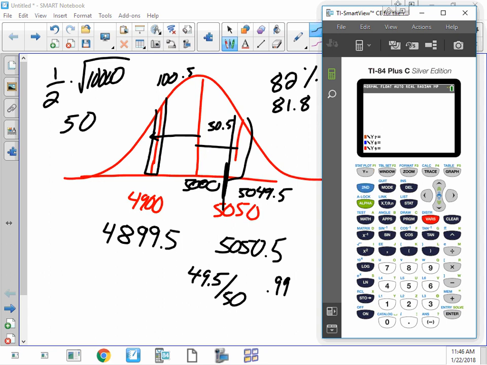Oops. So from 0.99 to 5. And we end up with 16%.